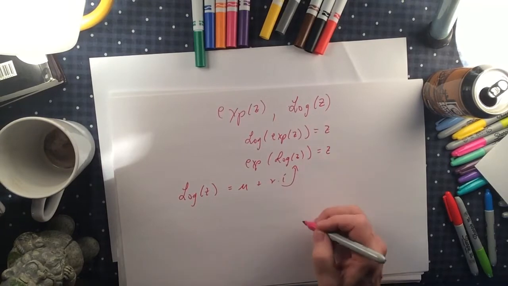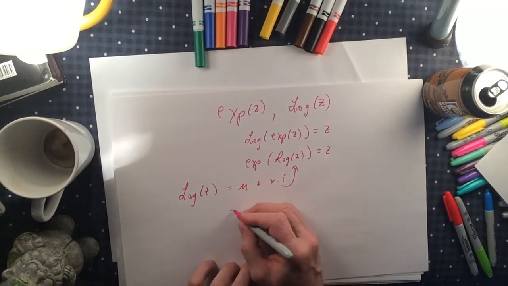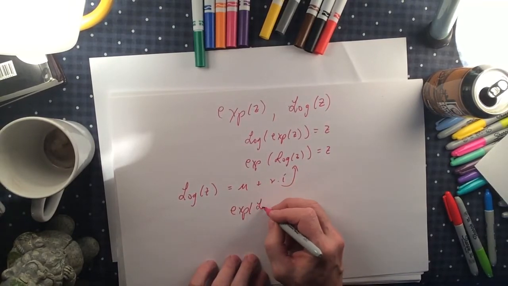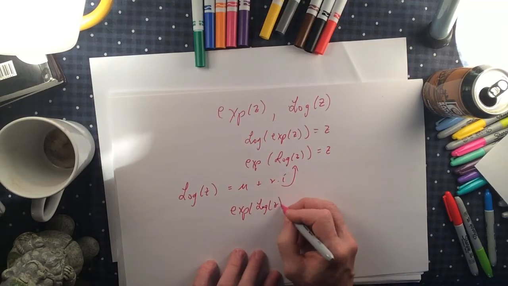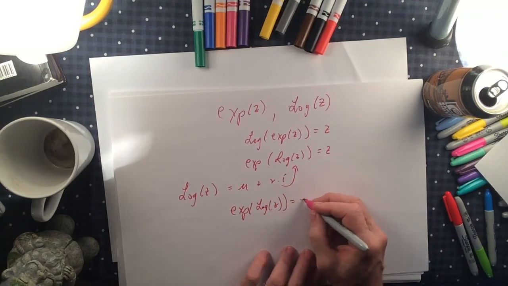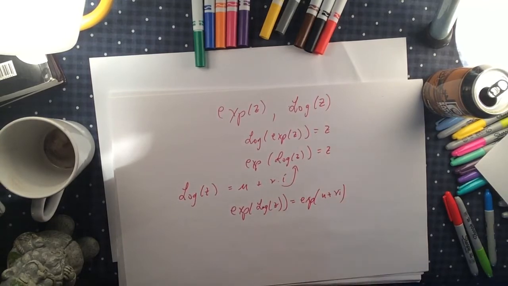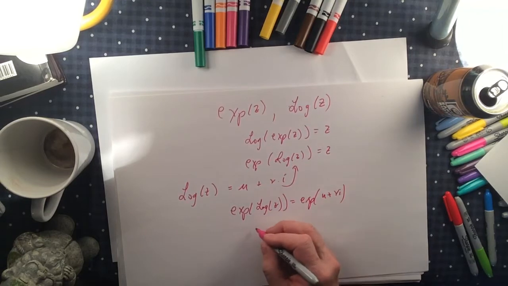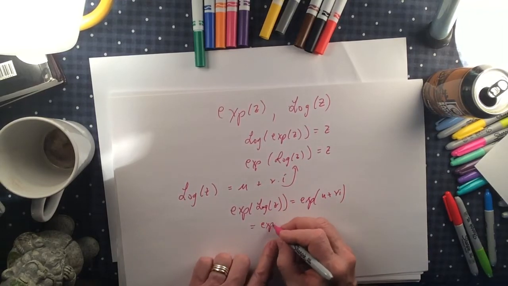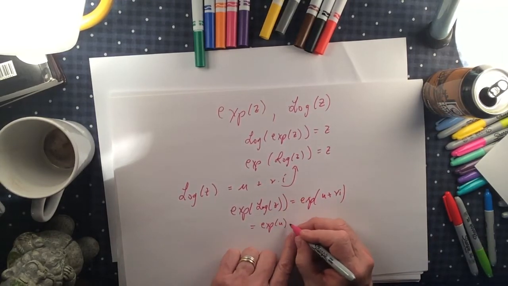we put it into this equation, then the exponential of the logarithm of z will be the exponential of mu plus nu I. Now, the exponential function distributes addition to multiplication.